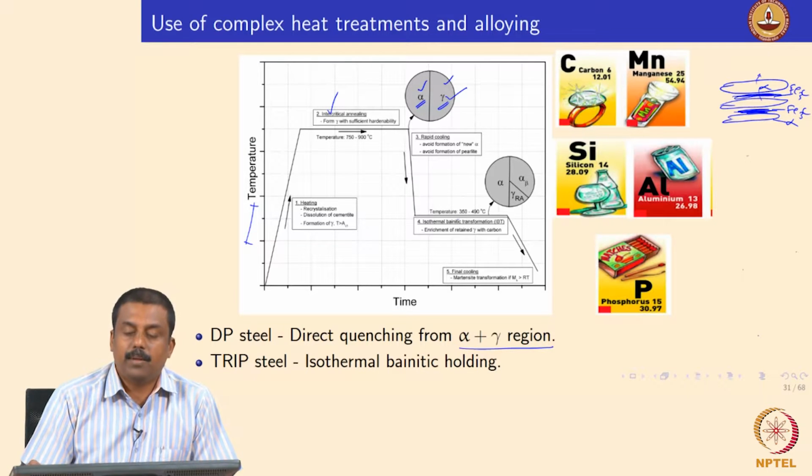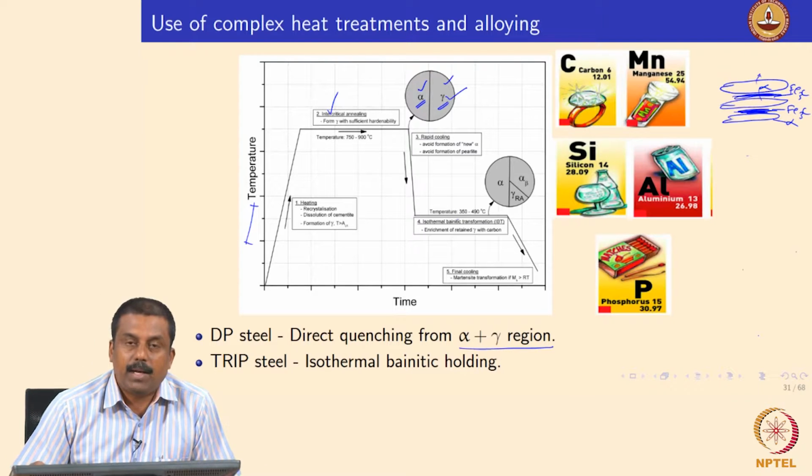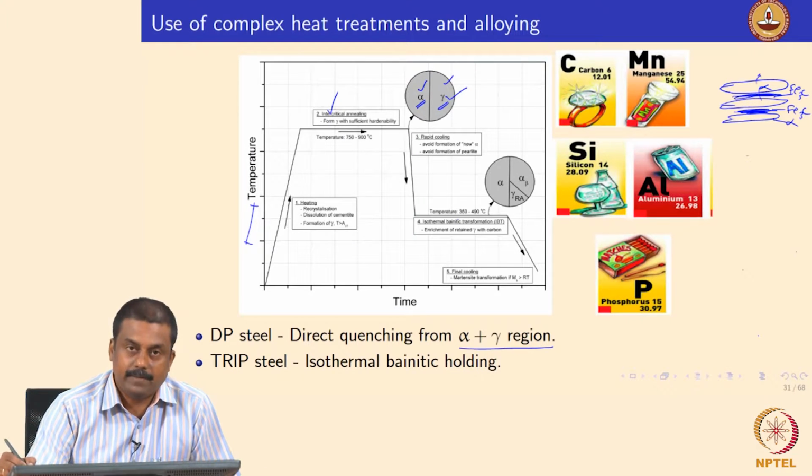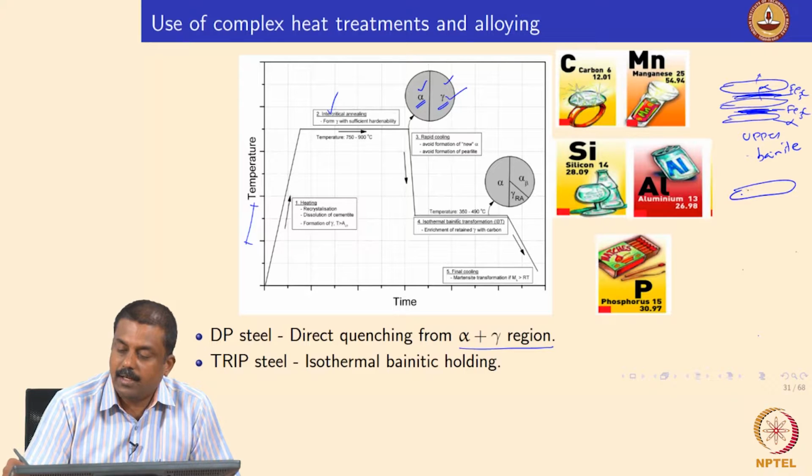Now we do a trick by adding some alloying elements in order to suppress this interlath cementite formation. This can be interlath cementite formation in the case of upper bainite, right, or it can also be intralath cementite nucleation as in the case of lower bainite formation.